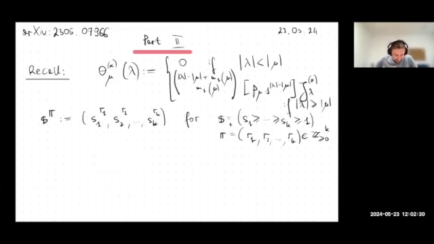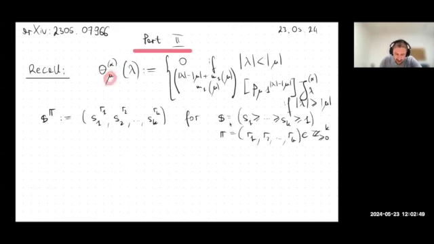Right. So let me start. I will very quickly recall the most important definition that I gave last time. This function is defined on the set of all Young diagrams. We fix a diagram mu, and we want to think about this function as a function on all Young diagrams such that lambda is my variable.